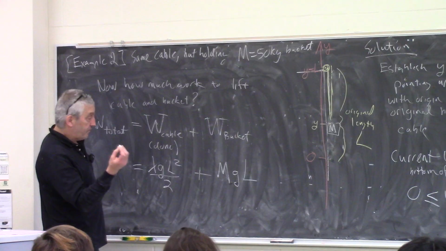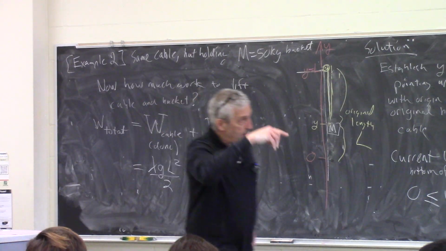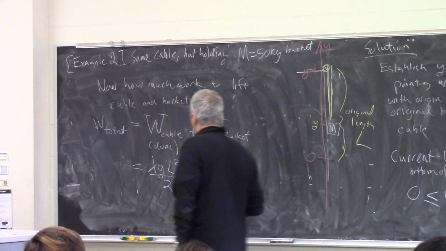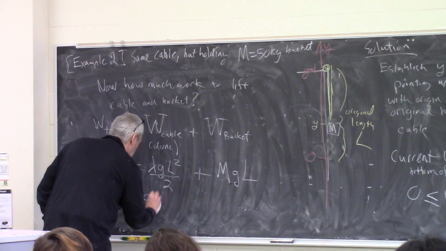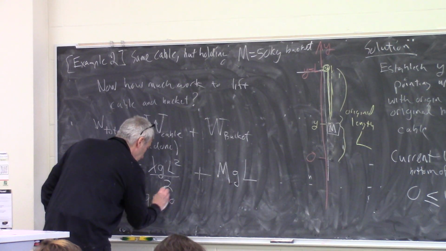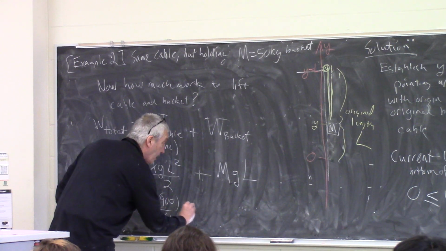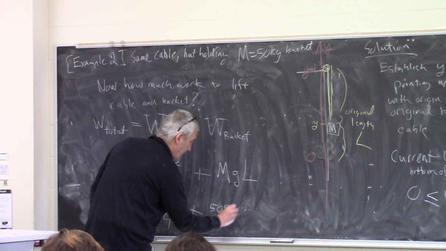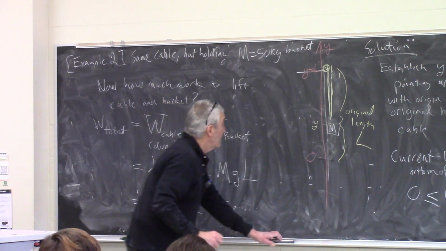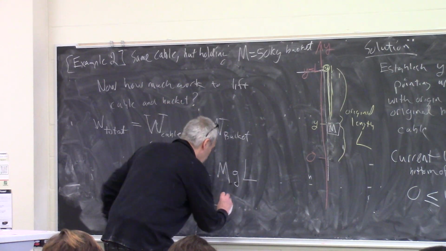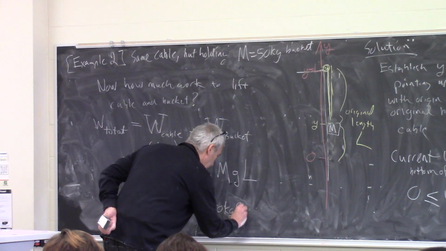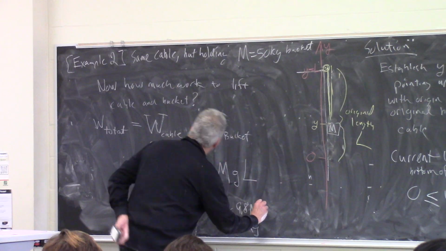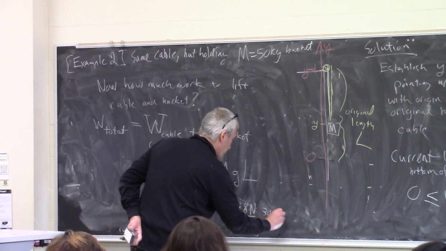And if I want to, I could plug in my numbers. So I get 9.8 times 900 over 4 joules. And over here I have 50 times 9.8. 50 kilograms times 9.8 newtons per kilogram times 30 meters.